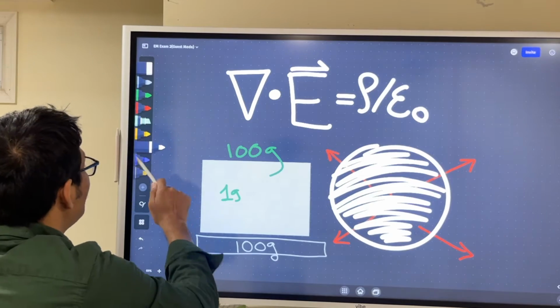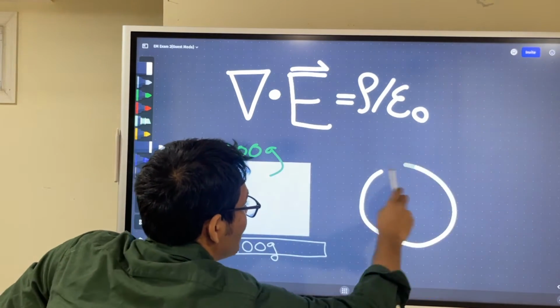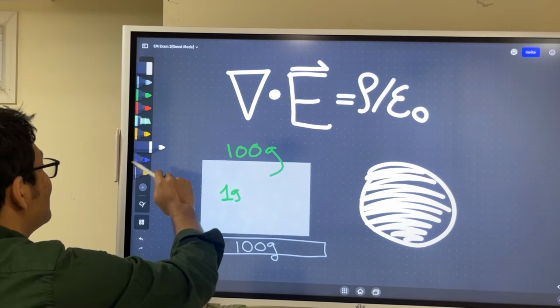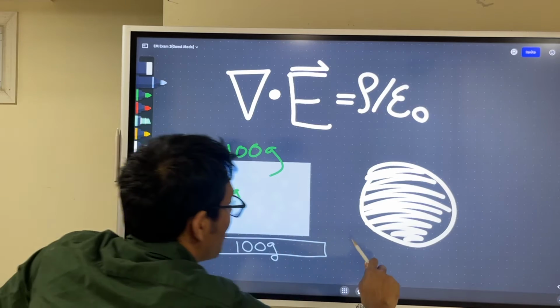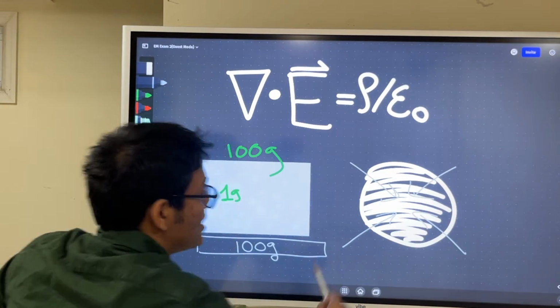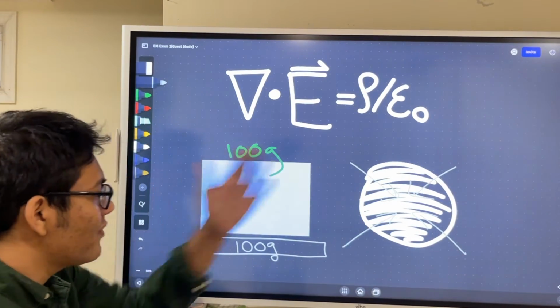If instead we had electric field lines that were going in, I have a circle, and you don't know how many charges there are or what the net charge inside is, but all I tell you is, here are the field lines for whatever is inside this surface or inside this box. Well, you don't have to open up the surface.